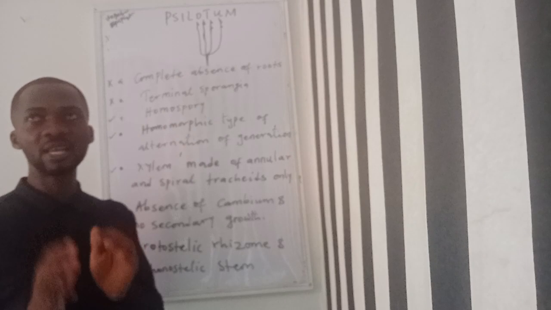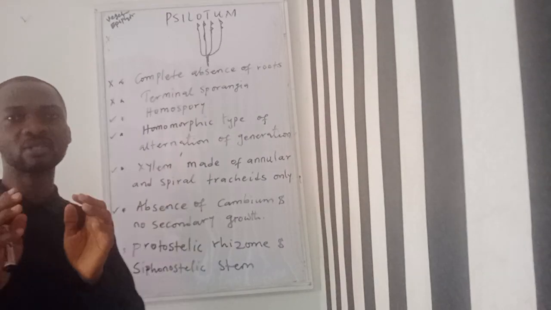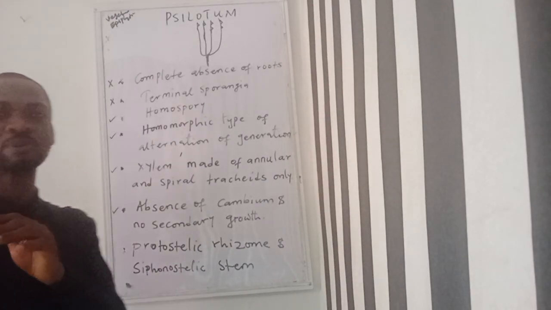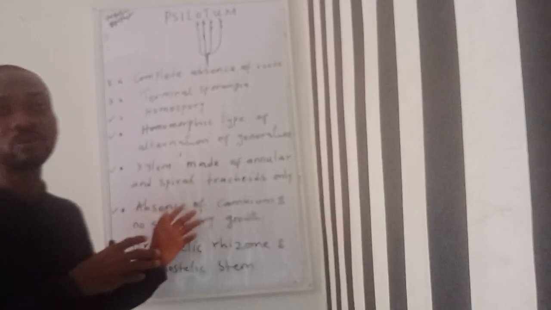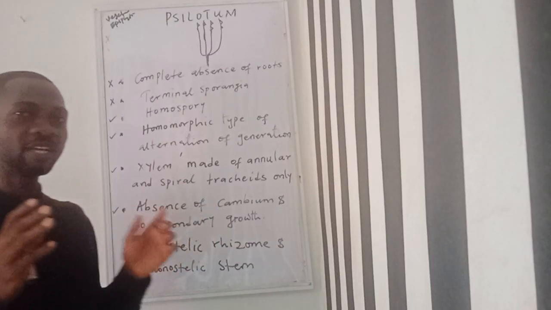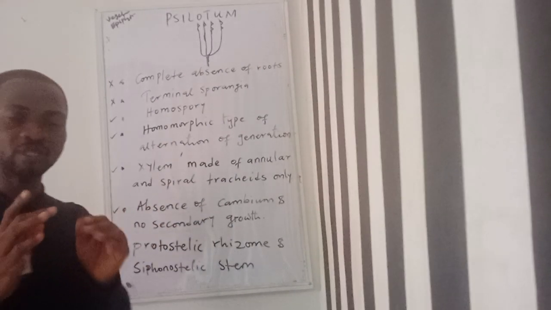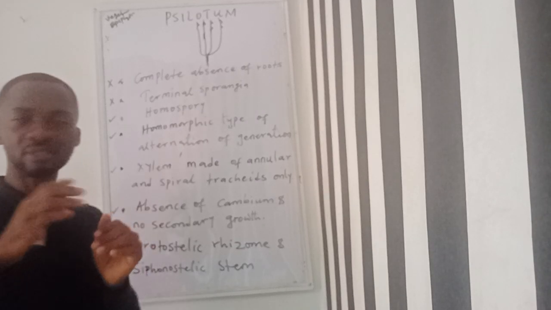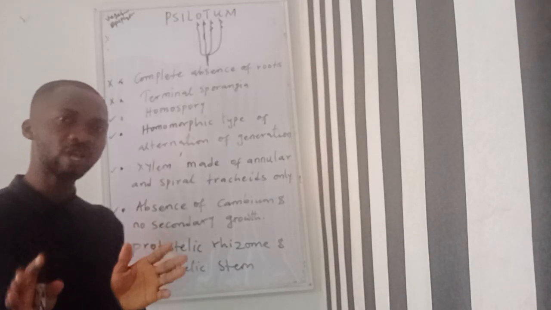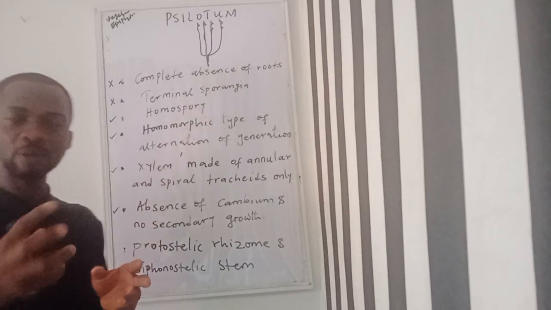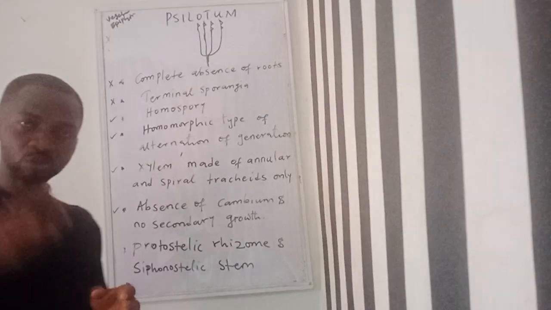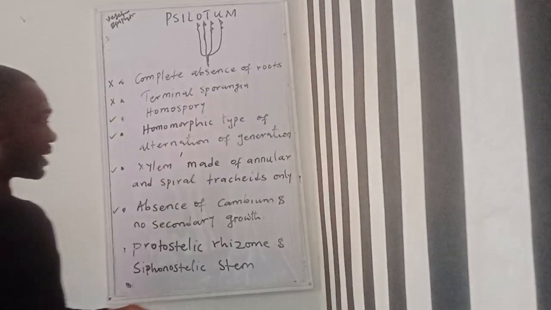So the xylem of gymnosperm is not as complex as that of angiosperm, and a similar thing happens in the case of Pteridophyta. The two major cells usually found in the xylem are the vessels and the tracheids. These are the two cells that perform the function of absorption of nutrients and water.